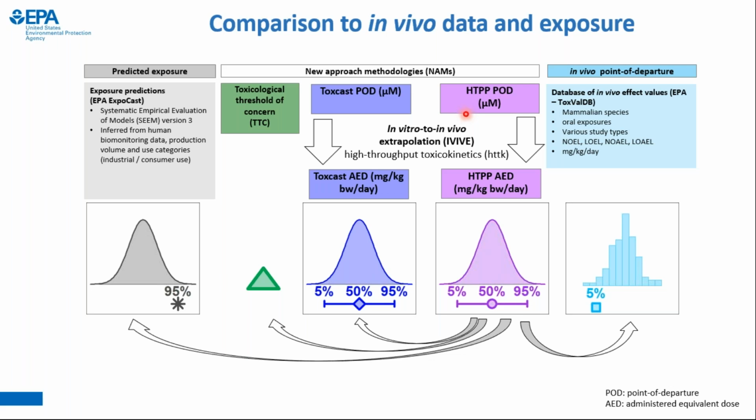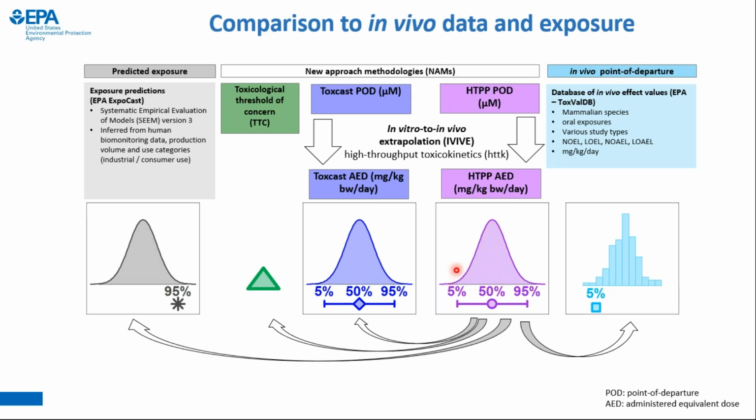To compare that, we have to convert our micromolar concentration using in vitro to in vivo extrapolation. We did that with the high-throughput toxicokinetics package, HTTK. What we want to do is estimate which dose a human would need to take to end up with a plasma concentration that corresponds to this point of departure.